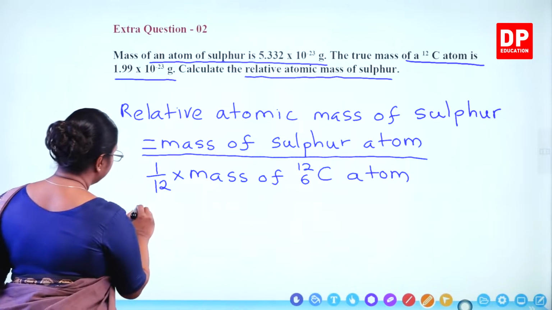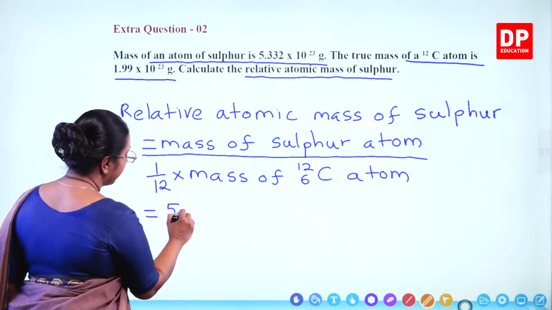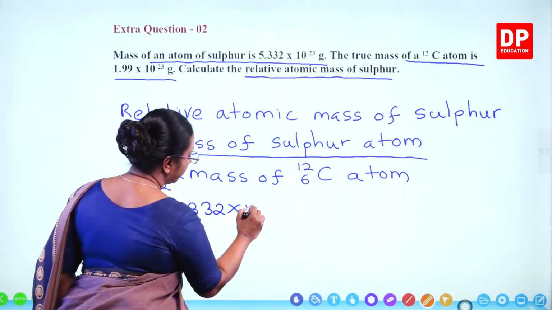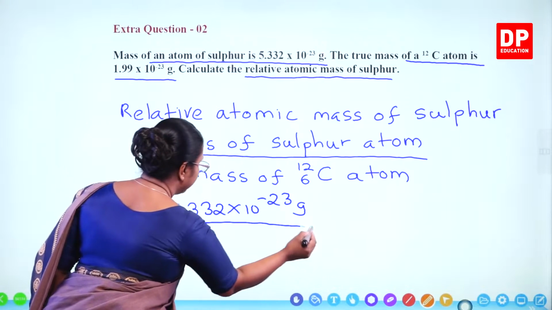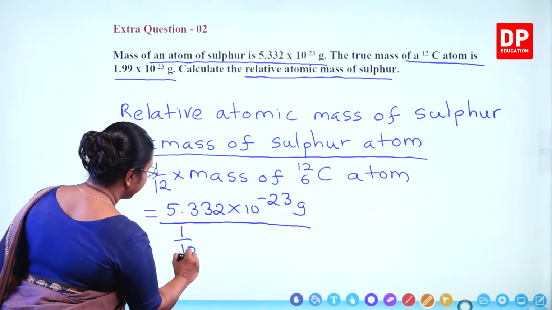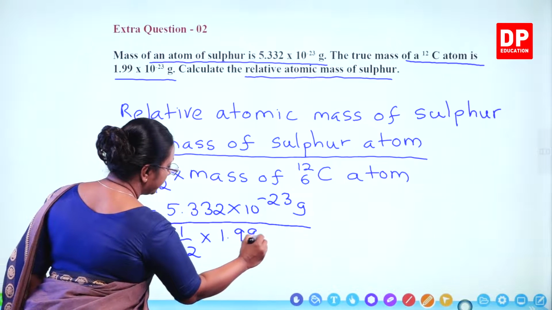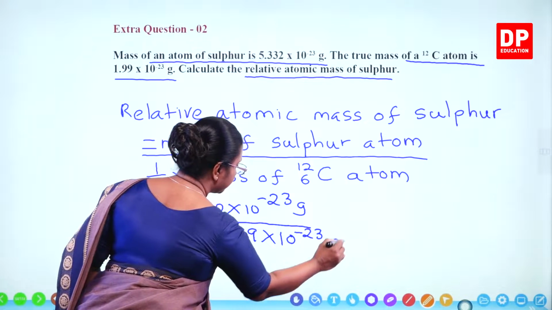And here both values are given to you. So the mass of sulfur 5.332 into 10 to the minus 23 grams. You divide that by 1/12 into mass of carbon 1.99 into 10 to the minus 23 grams.